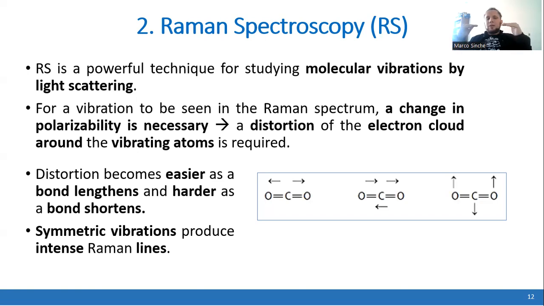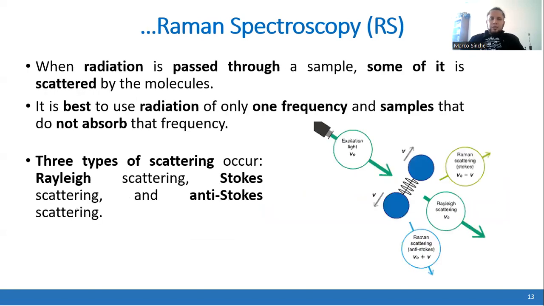The bonds will have some vibration in which the atoms will become closer and farther away in short times. And these symmetric vibrations will produce intense Raman lines, which will be useful to identify some characteristic functional groups present in the material that is being analyzed. In this graph, we could see how it works. There's a light source which emits light with a high energy that is called excitation light.